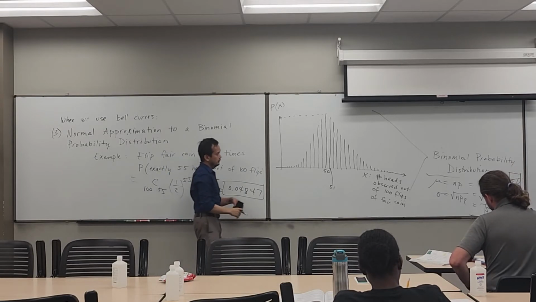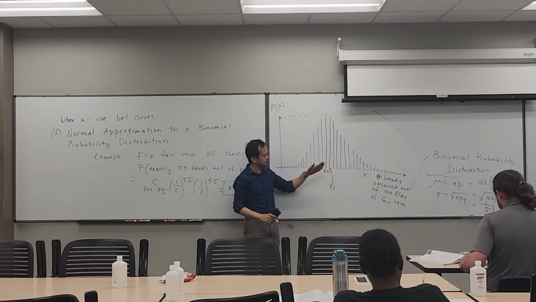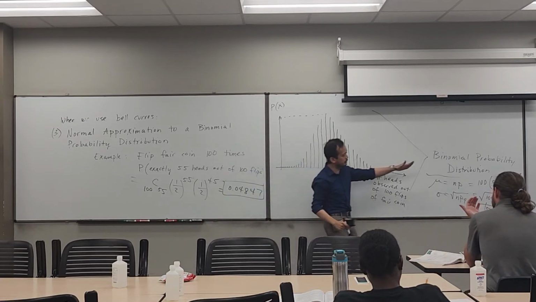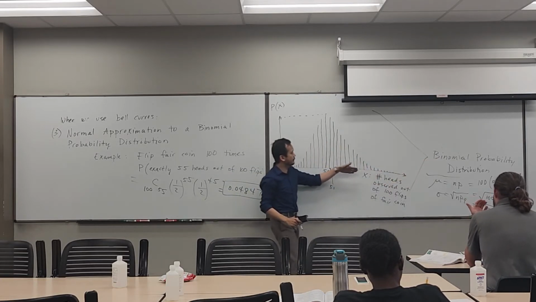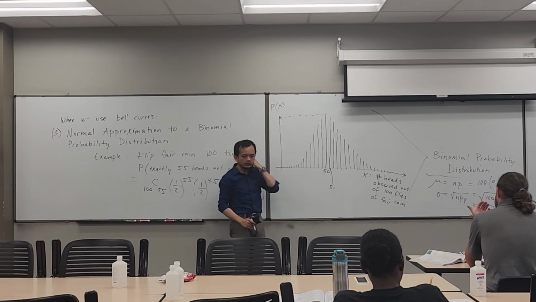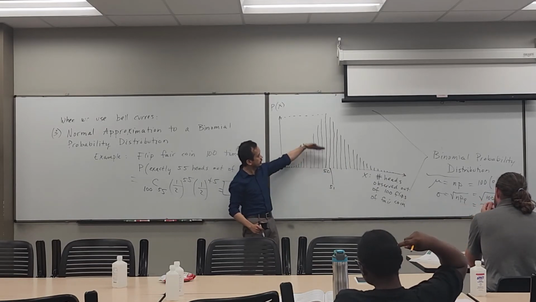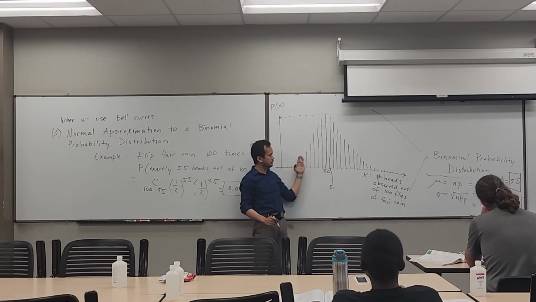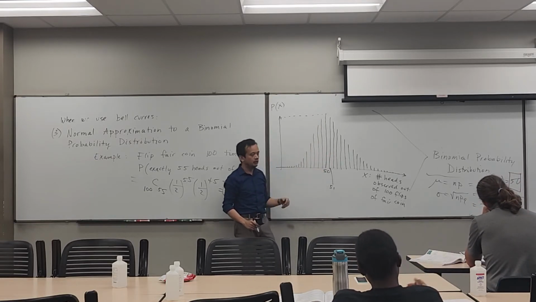Okay, so this is what the distribution looks like visualized. And again, we said that this is a binomial probability distribution, and this is what that binomial probability distribution looks like. You notice that it peaks somewhere in the middle, and then it looks symmetric on both sides.